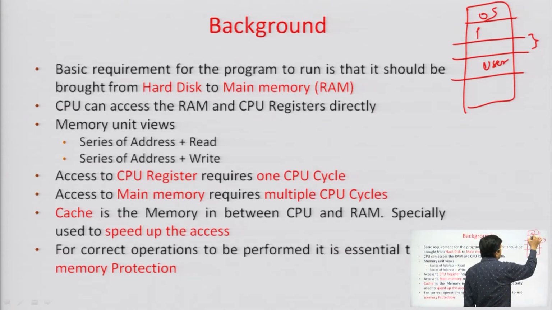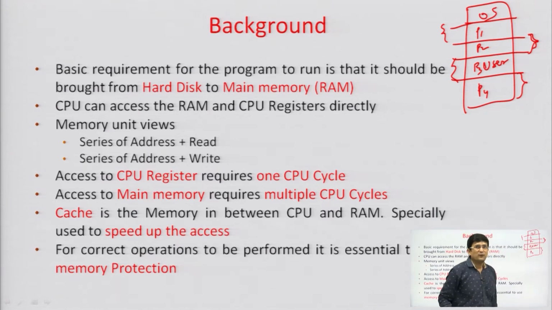If the processes are, let us say, P1, P2, P3 and P4, then P1 has some region, this is the region of P1, this is the region for P2, this is the region for P3 and this is the region for P4. P4 will not like P3 to interfere in its region. Similarly, P3 will not like P2 or P4 to interfere in its region. So, strict boundaries have been defined for these processes.